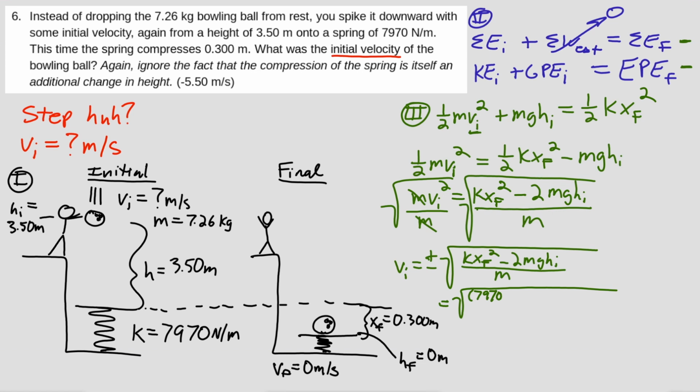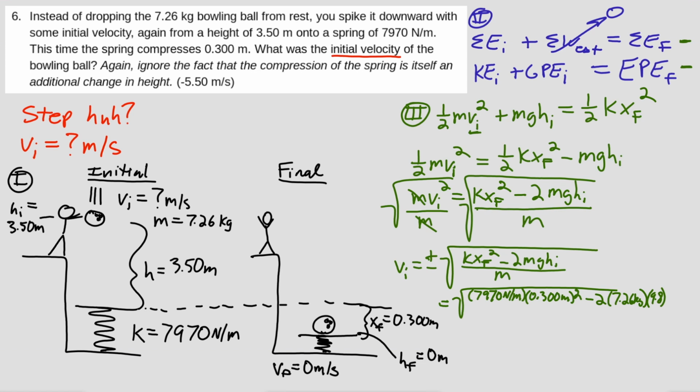So if I do all this, this is going to give me the square root of k, 7970 newtons per meter. X final is 0.300 meters squared. And only the second part of that, the 0.300 gets squared, not the 7970 part. Minus 2 times the mass of the bowling ball, which is 7.26 kilograms.